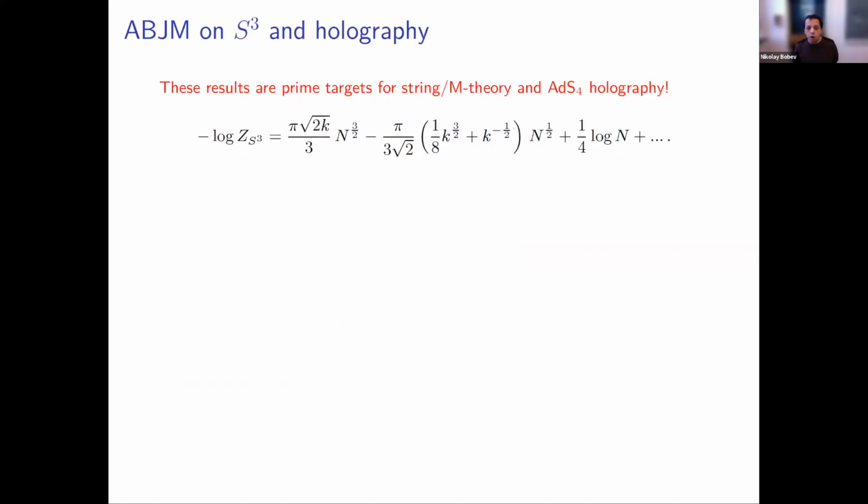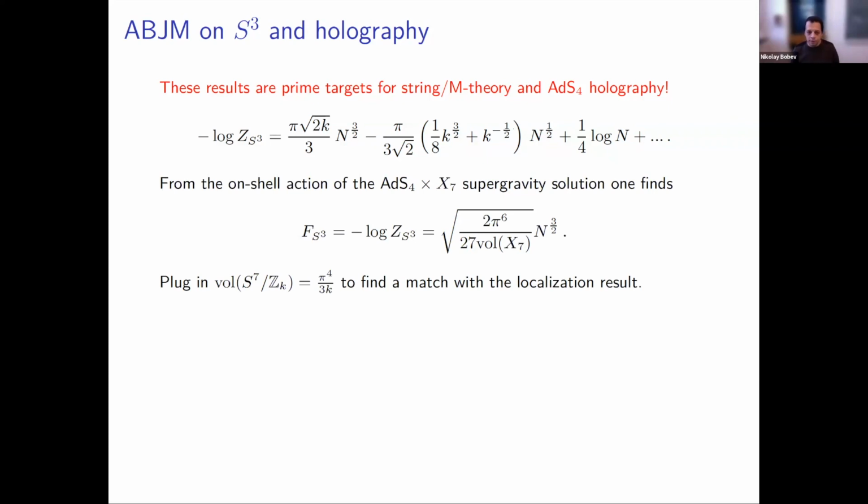What is this good for from the perspective of AdS/CFT? As I said, it's quite easy to expand this Airy function at large n and try to read off the coefficients. And then you can put your AdS/CFT hat on and start asking, how do I compute these coefficients from 11D supergravity, from AdS4, basically.